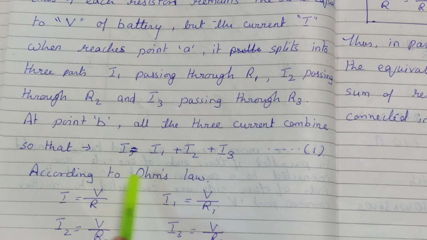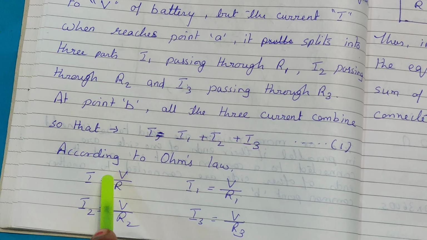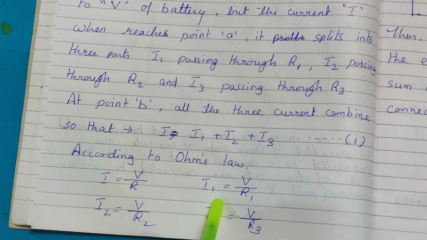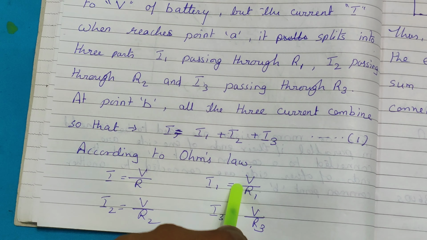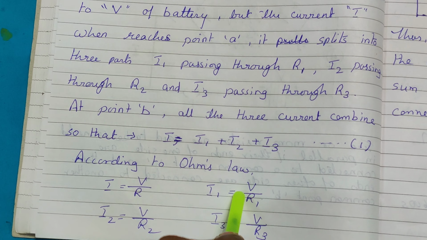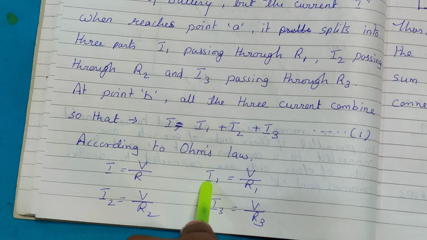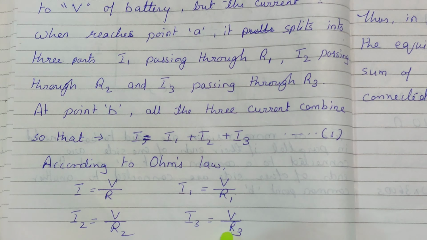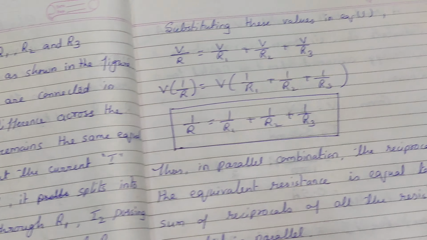Okay. Now according to Ohm's law, current I equals V upon R. Then I1 equals V upon R1. V is common, the potential difference remains the same in the whole circuit. I1 equals V upon R1, I2 equals V upon R2, I3 equals V upon R3.